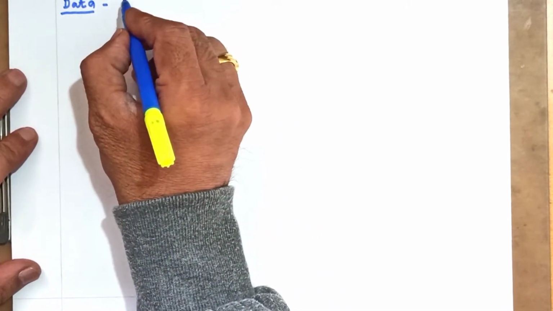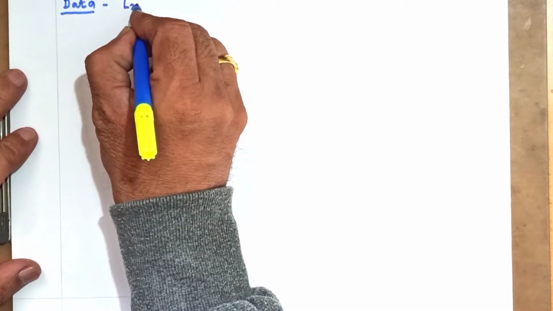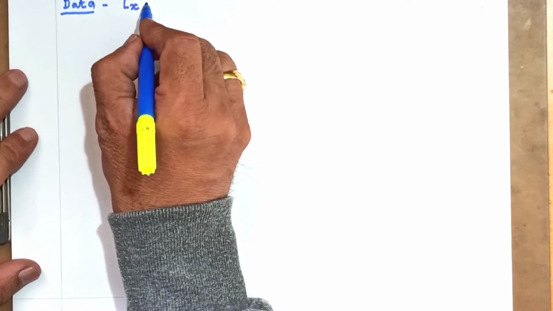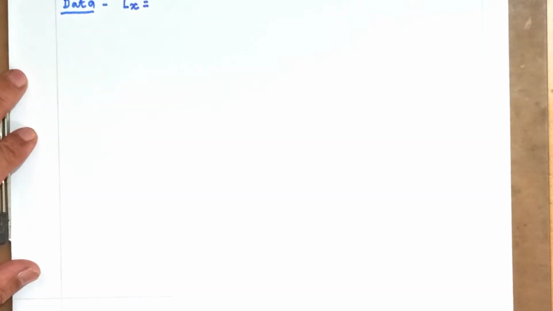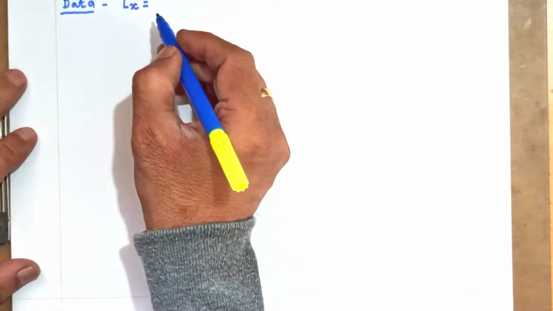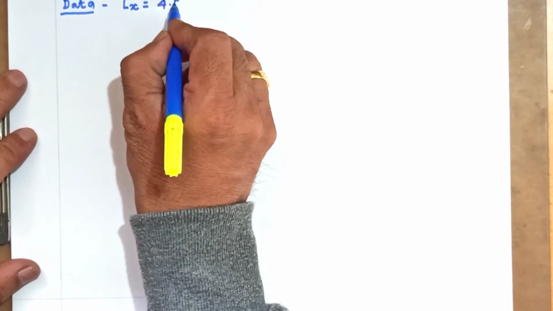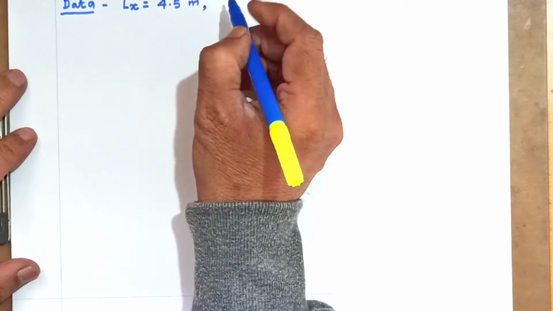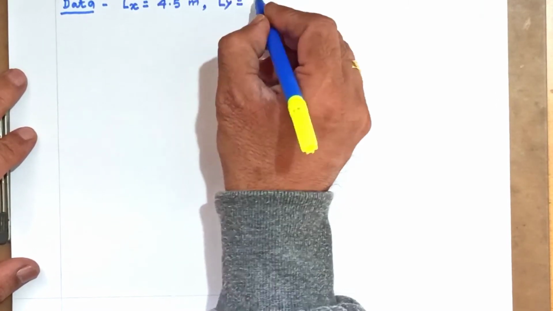The smaller dimension is taken as Lx. Whenever we are designing the two-way slab, the span for two-way slab is taken as the shorter span according to IS 456-2000. Lx is given as 4.5 meter. Ly is given as 6.3 meter.